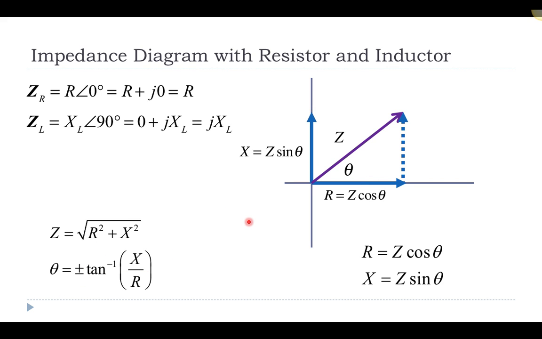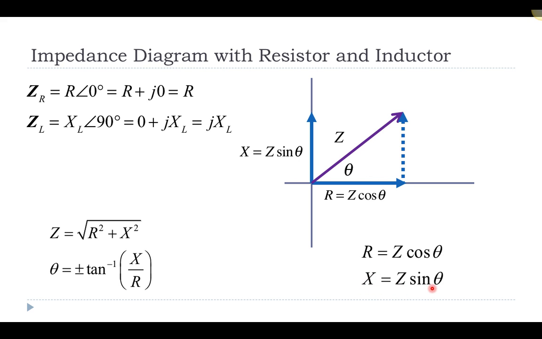And of course, if I knew what the impedance value was, and I knew the angle, I could figure out how much of that impedance was resistive, so what is the piece that's on the horizontal or the real axis, by taking the impedance value times cosine of the angle. And I could figure out how much of the impedance was reactive, like an inductor, by taking the impedance times sine of the angle.